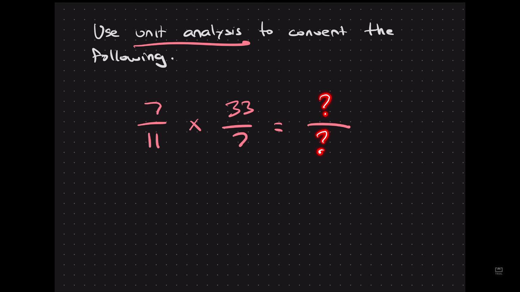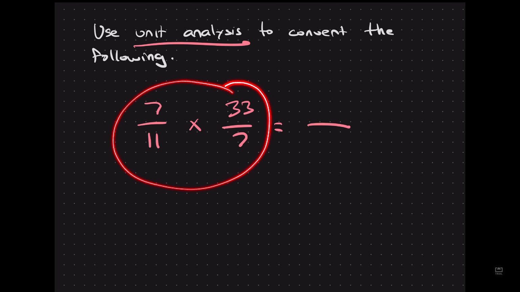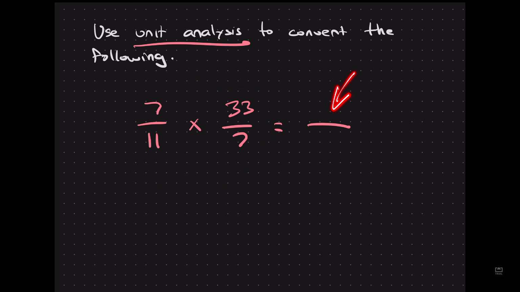But we always need to put it in simplest terms, and it's way easier to do it in this state right here rather than waiting till we get to the end. So if we notice right here, we got a 7 on the top and a 7 on the bottom, and even though they're in different fractions, I can cancel these out. So basically 7 divides into 7 one time, and 7 divides into 7 one time there.